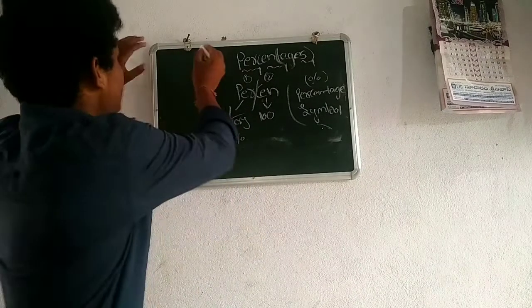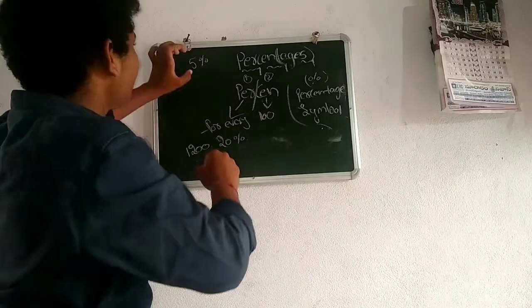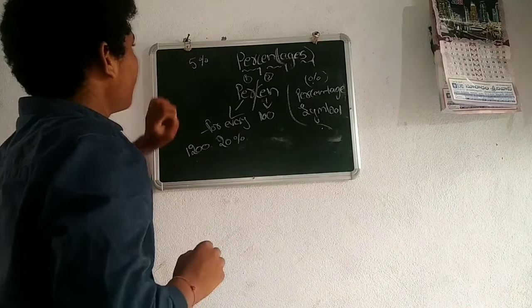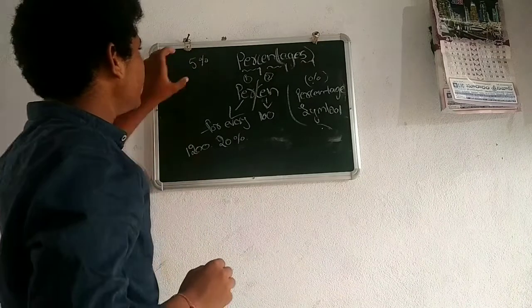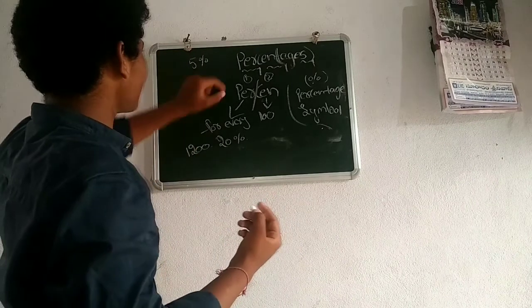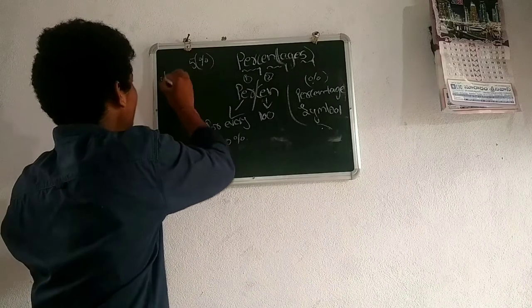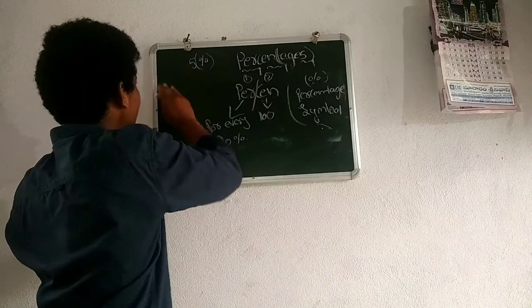Suppose you have 5%, we always call it 5 percent. How do we write 5% in mathematics?